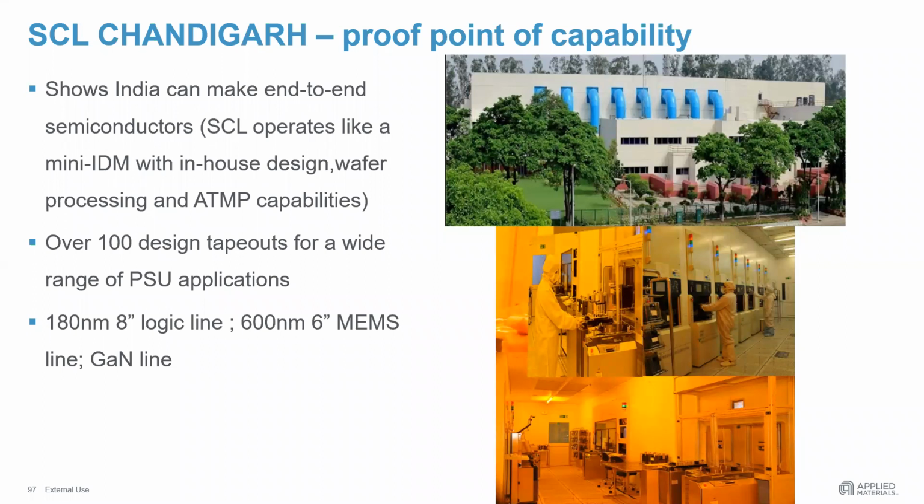When Applied Materials engineers came to India and first interacted with SCL a few years back, they were zapped at what they were seeing. They said, we never believed that this existed in India and that you had these sorts of capabilities.